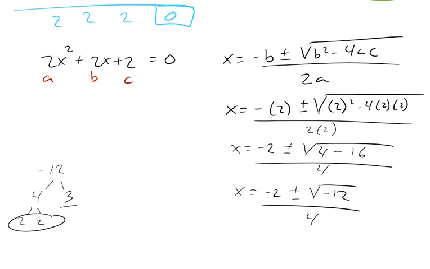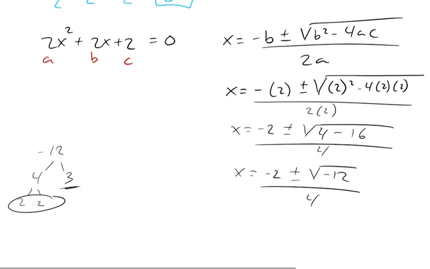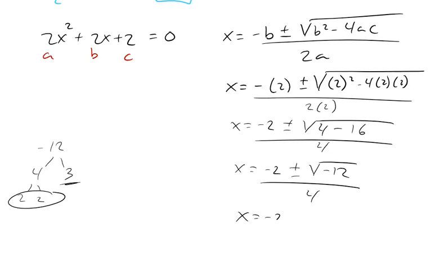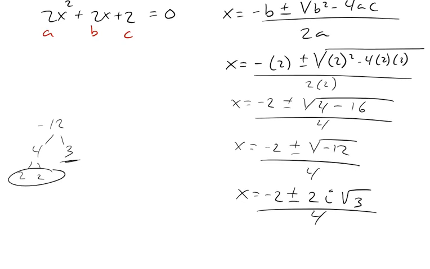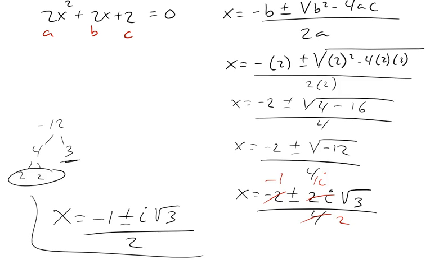So pairs on the outside, this goes back on the inside. Don't forget that it's negative. I'm pulling out a 2i, the radical 3 on the inside, all divided by 4. Last step is to simplify. And so I get x equals -1 plus or minus i radical 3 all over 2.